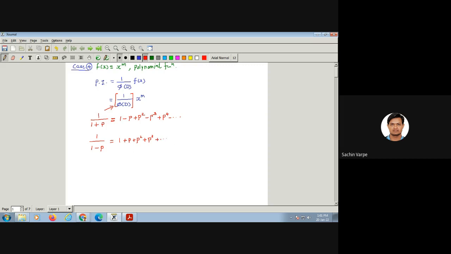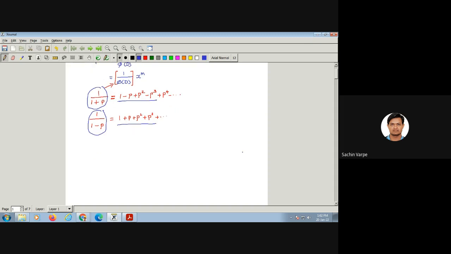These two expansions you must have used as 1 upon 1 plus x, or 1 upon 1 minus x. So we convert this 1 upon phi of D into one of the forms, and then we use their expansions and operate that expansion over this function x raised to m.